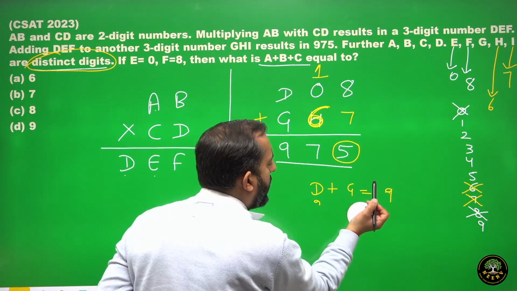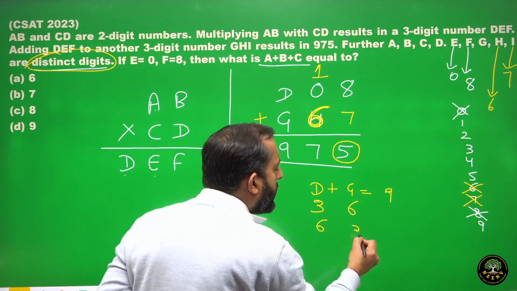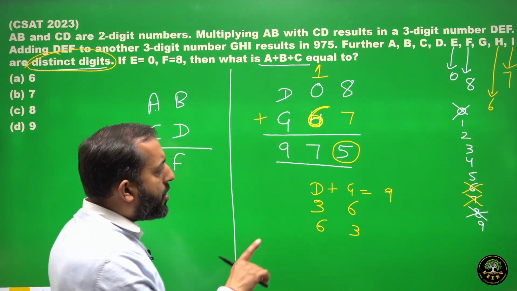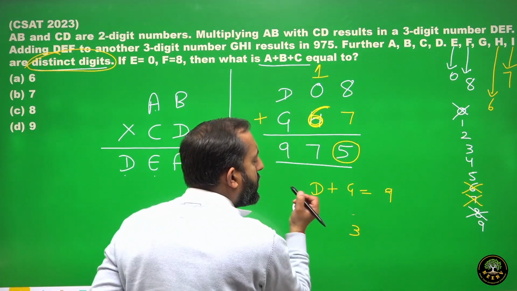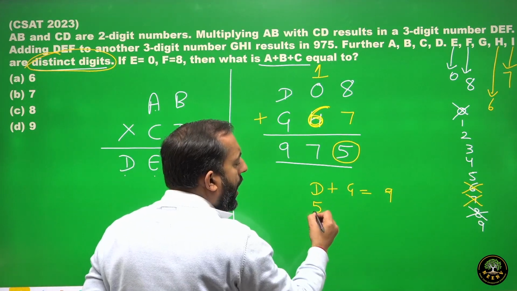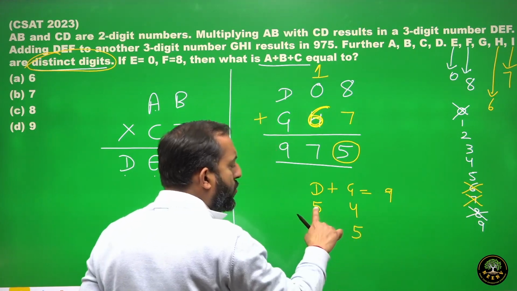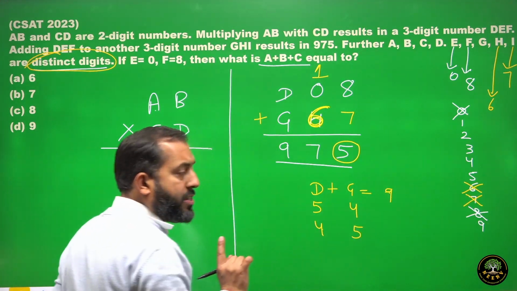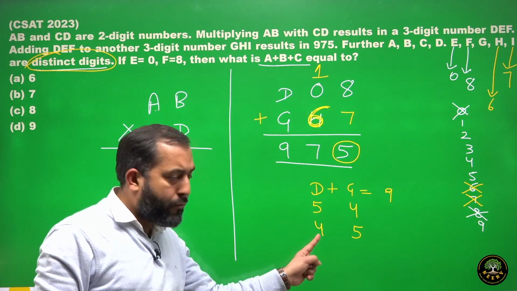Further, 3 and 6, and 6 and 3 must be discarded, because 6 has been assigned to H already. So the only possible combination for D and G is 5 and 4 or 4 and 5, because 5 plus 4 is 9. Now D can be 5, D can be 4.